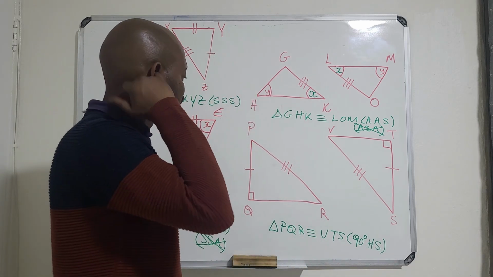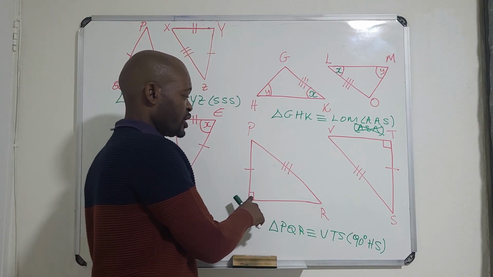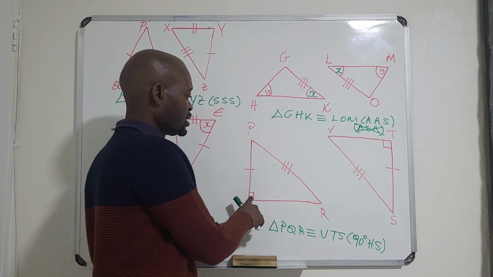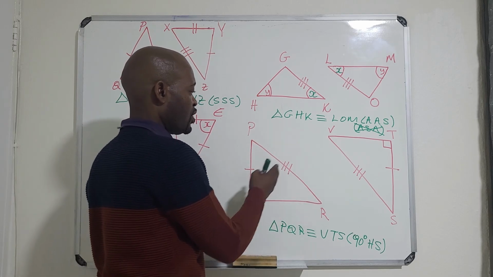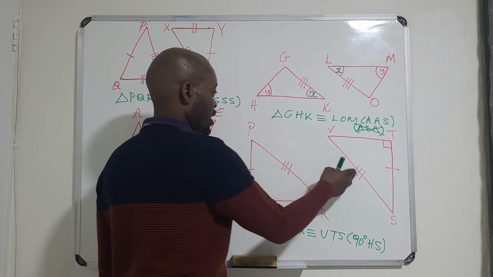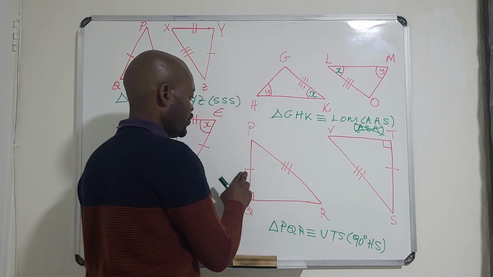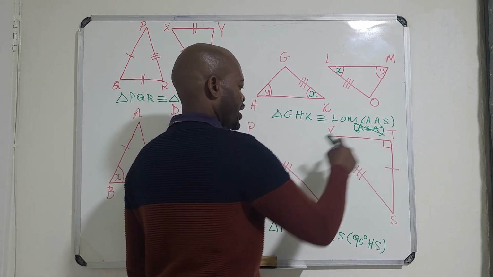Here, the reason is as simple as that, because we have a right angle of 90 degrees, the hypotenuse, and a side. Therefore, this side and this side are equal, the hypotenuse and the hypotenuse are equal, this side and this side are equal, and that angle and that angle are equal.